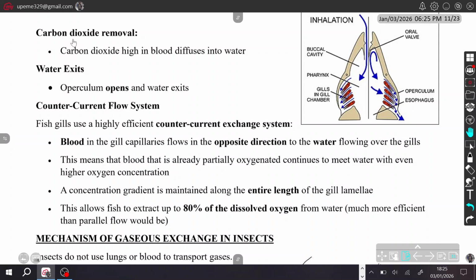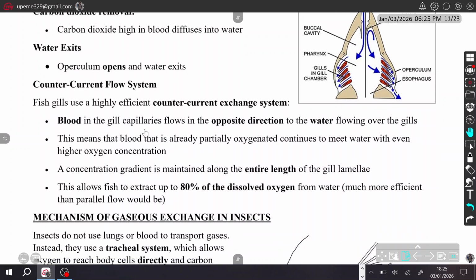So after carbon dioxide has been removed, because it is high in the blood, it will diffuse into the water. Then afterward, how does water come out? This is why we are saying water exit. The operculum opens and water exits. That is it. All right.